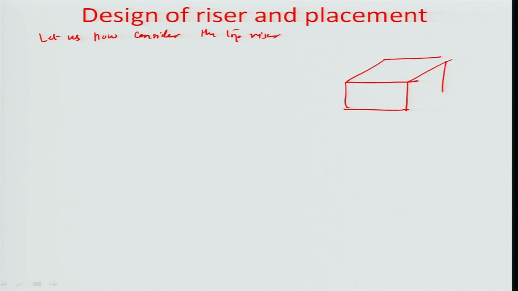Okay. So, let us now consider the top riser. That means you have the cube right about here, and on the top of it you have the cylindrical riser sitting on the top of this particular cube. This is the riser, this is the cavity.